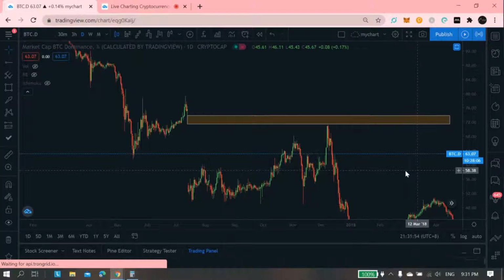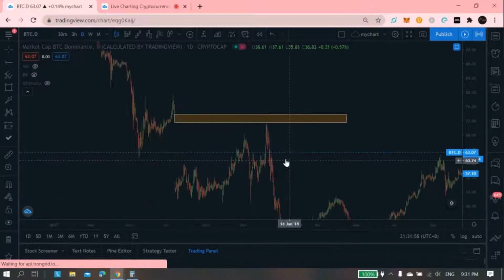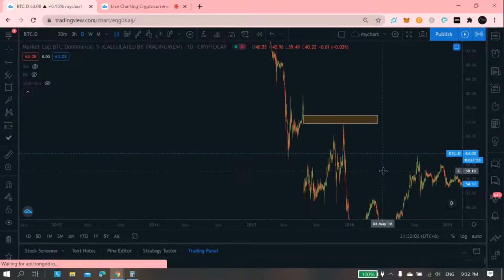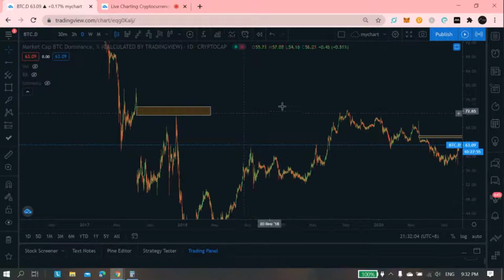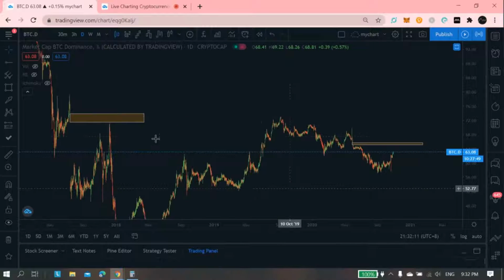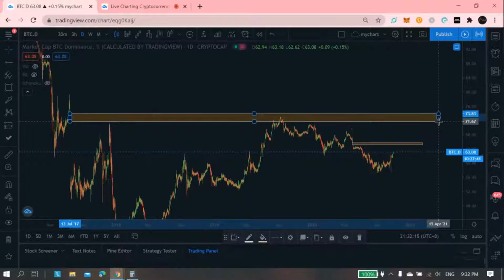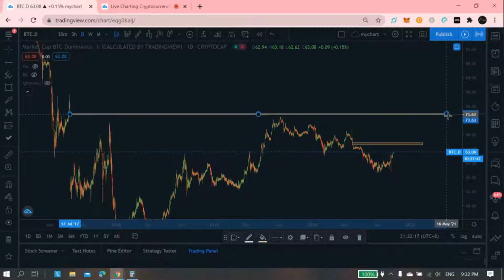Wait, let's check on it. And that's the 70 area, as high as 73 area. Wait, let me check on this. No, the 73 area is not filled. So this is that area.